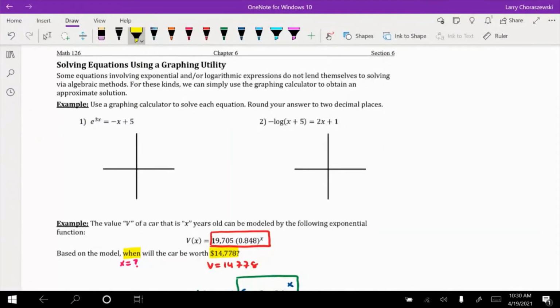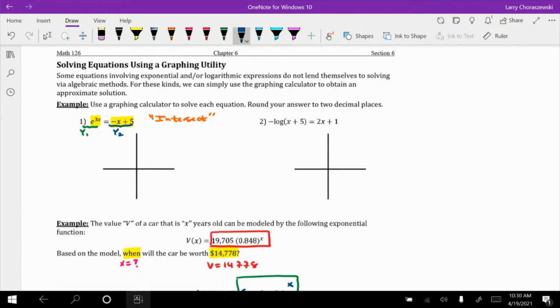Case in point, with example 1, we have e to the 3x on the left and negative x plus 5 on the right. So this is definitely a situation where we'd probably want to consider using the intersect feature. And what that means is we'll have to define the left-hand side as our y1 and the right-hand side as our y2.